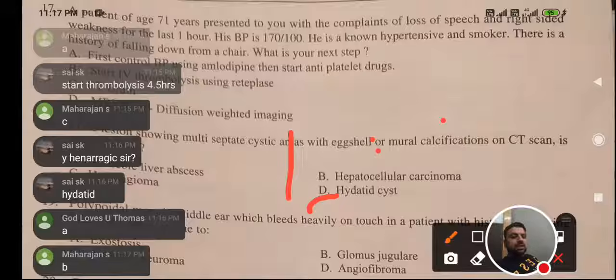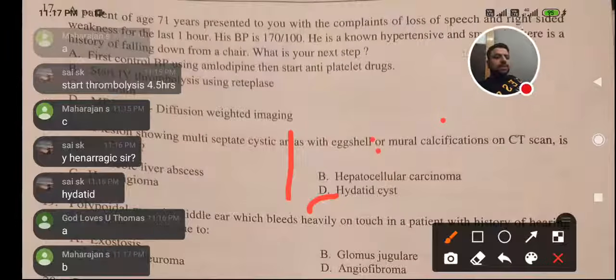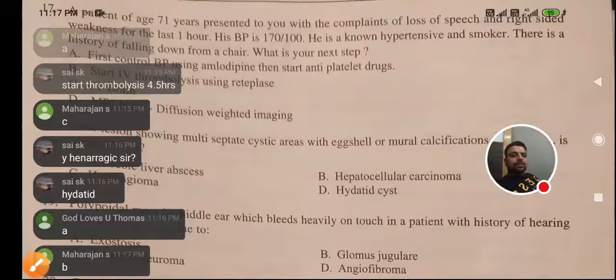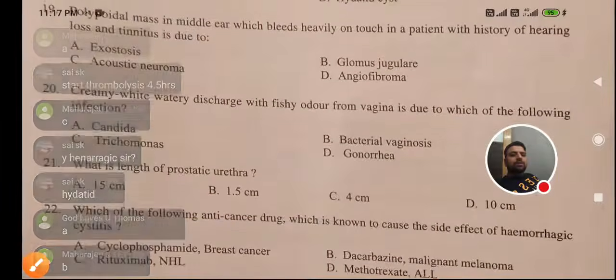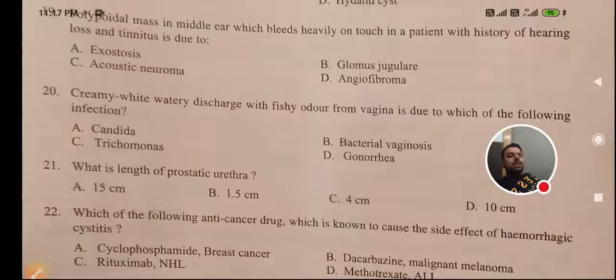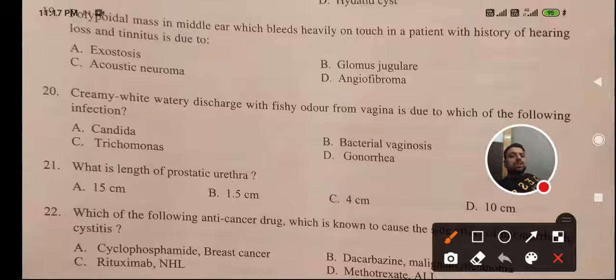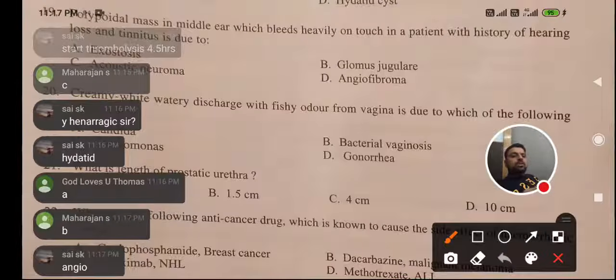Now, a polypoidal mass in the middle ear which bleeds heavily on touch in a patient with a history of hearing loss and tinnitus is due to? This is mainly due to glomus jugulare.